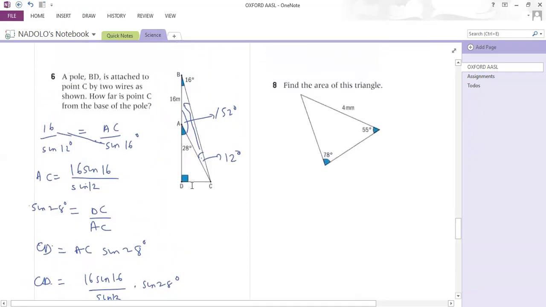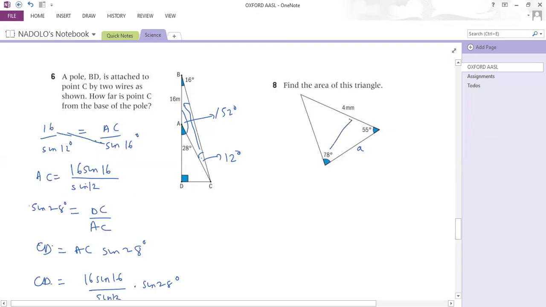Now find the area of the triangle. For the area of the triangle, we will need two sides and the angle between them if we are going to use that formula. But because we don't have another side here, we can call it side A, for us to use these two. We're going to find it using the sine rule.